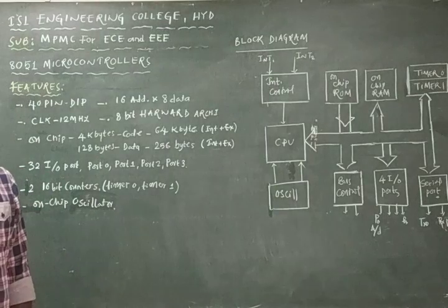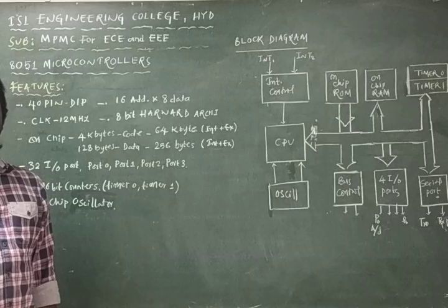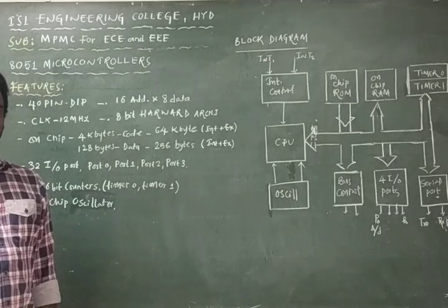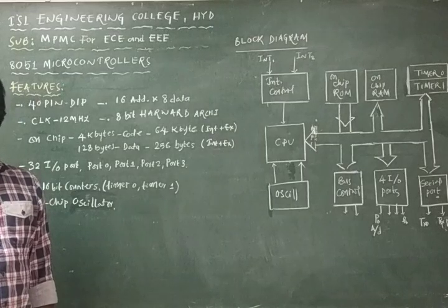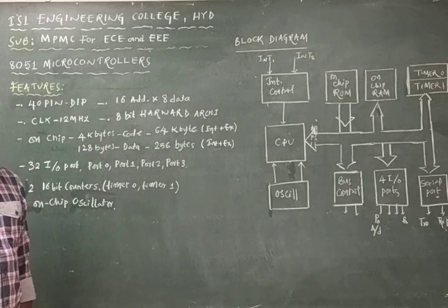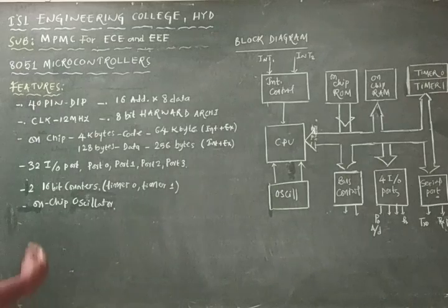In the case of the 8086 microprocessor and the 8051 microcontroller, when we talk about 16-bit or 8-bit data, it means the processor or controller is able to handle data of that many bits only. The 8086 is 16-bit, whereas the 8051 is 8-bit. So the ALU, arithmetic logic unit, is designed to operate on 8 bits of data in the case of the 8051 microcontroller.